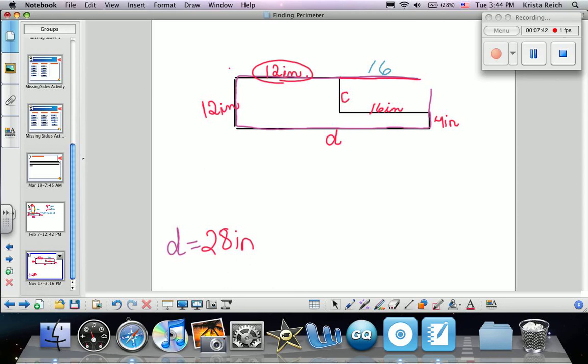Okay, so now we need to focus in on the C. All right, C is right here. And I was given that this part is 4 inches. So I need to find this part right here.